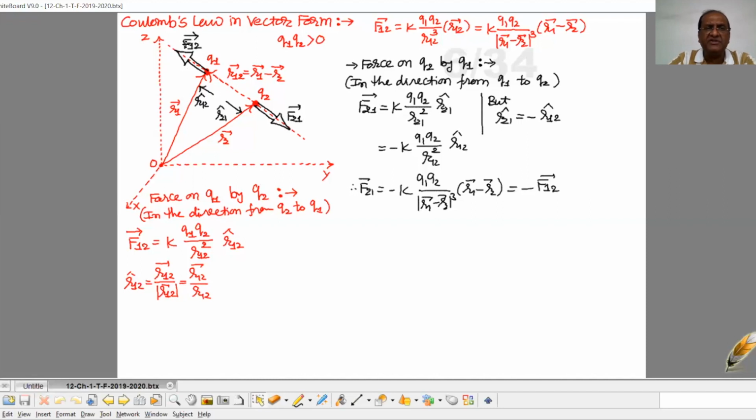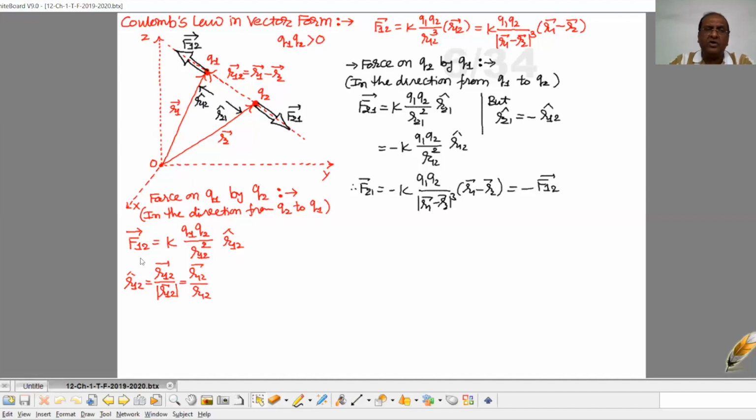And the force on 2 by 1 is also repulsive, 1 repels 2, so that will be in this particular direction as shown in the figure. Now first we think about the force on q1 by q2. That will be in the direction from q2 to q1, because that is the repulsive force.